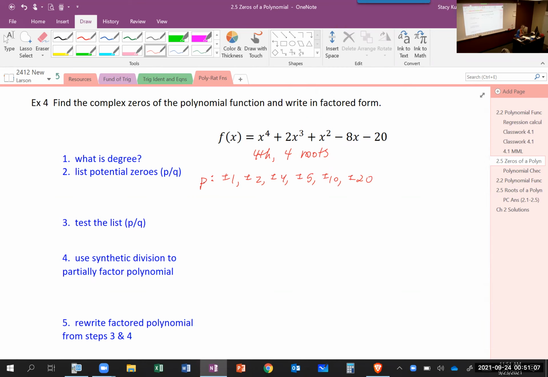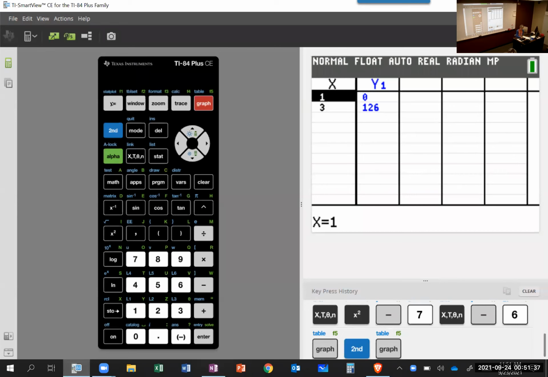All the factors of q, which is just plus or minus 1, makes it pretty simple. So what are my potential zeros that I'm looking at? All the values of p. So now go to your calculators and we'll put that value in.